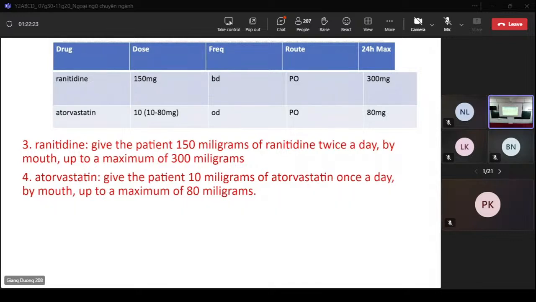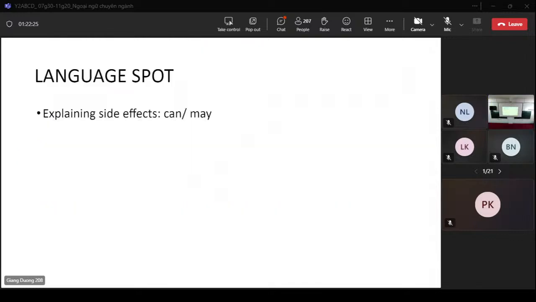Now let's move to grammar. It's kind of easy for this grammar point because we are in the topic of using medication. So the language part is to express the possibility of some side effects or some good effects of medications using.